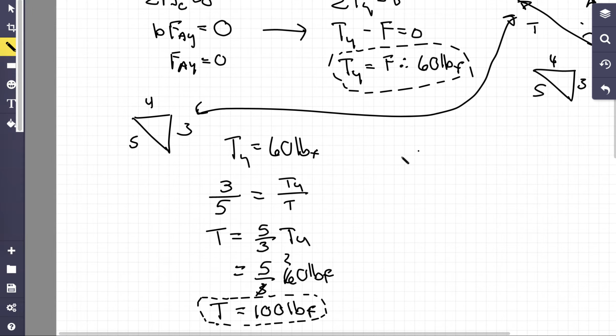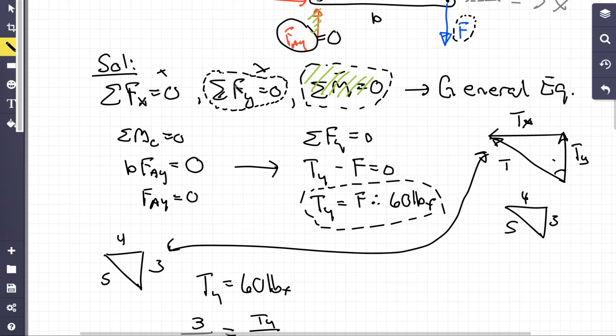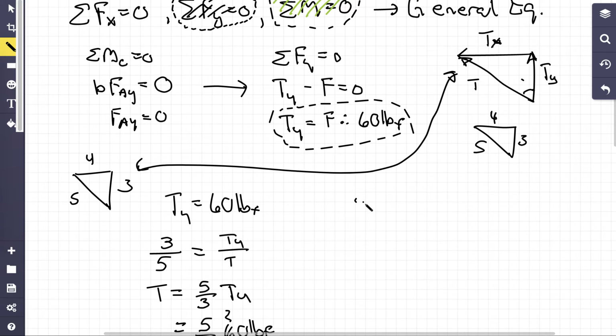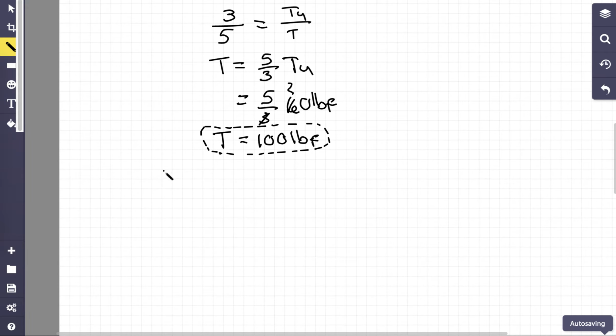So next, we've used already the sum of the forces in y and the sum of the moments, but let's go with the sum of the forces in x. We can say that the sum of the forces in the x direction is equal to 0.